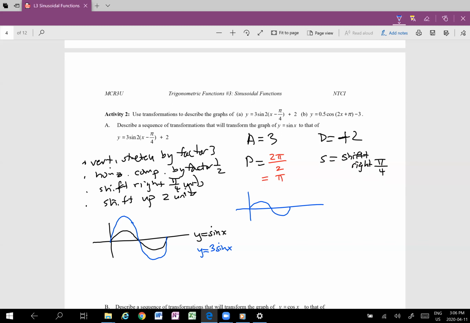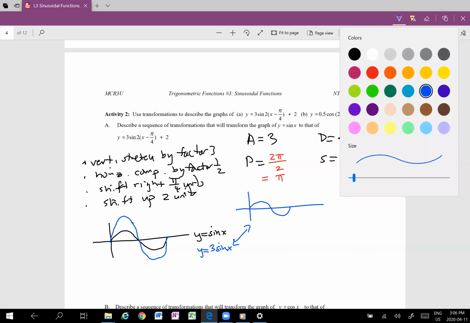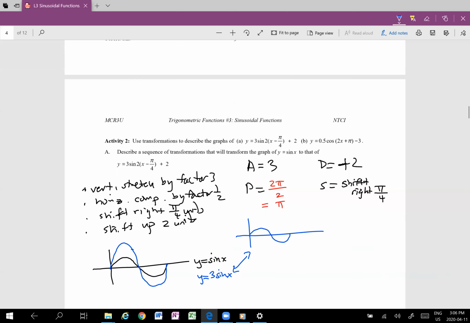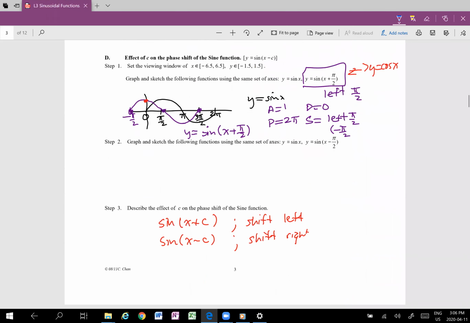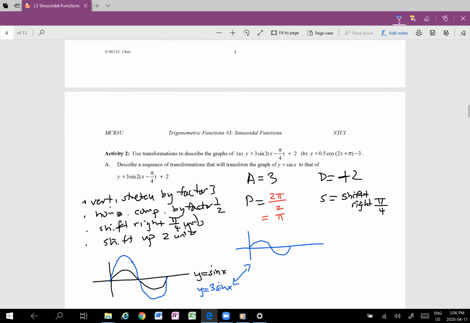That's the same as this blue one. Okay, so I'm just trying to make sure we're okay so I can fit. What did I use the colors again? Shoot. I think I used red. So the red is going to look something like that. And the red is y equals 3 sine 2x.